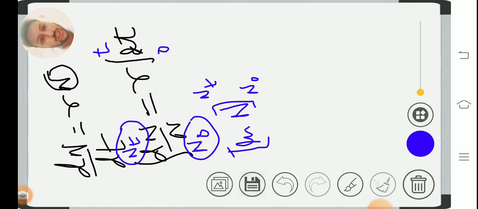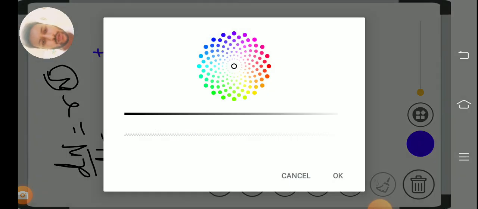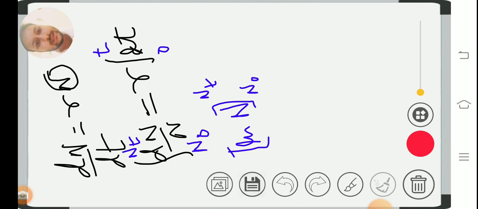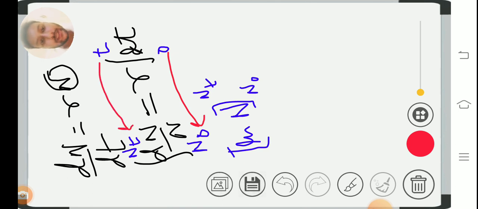Or we can also say that at time 0, the number of individuals was N0, and at time t, the number of individuals becomes Nt. Clear? Okay, at time 0, the population is N0, and at some instant t, after some time, the number of individuals becomes Nt. Okay, great.